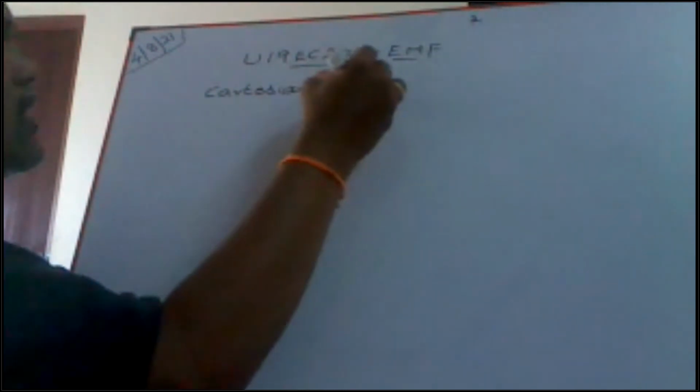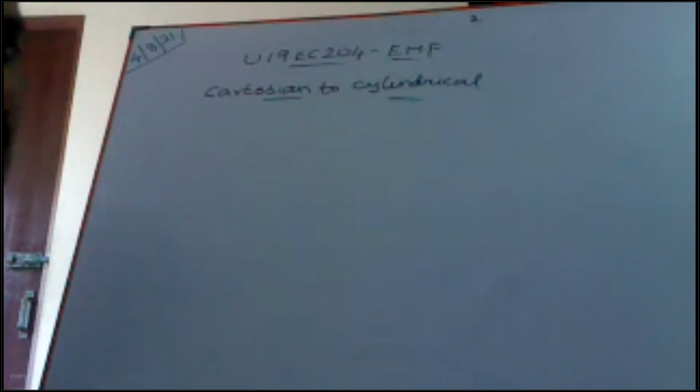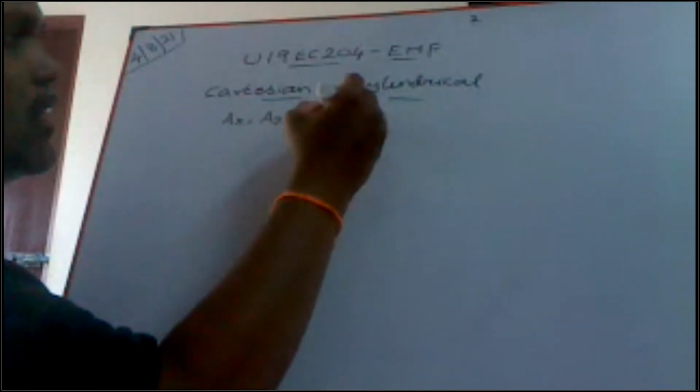So now the first one, that is Cartesian to cylindrical system. Problems we will do in the next class. I will teach you for 5 minutes how to write it in matrix. Cartesian means we know Ax, Ay, Az are given.